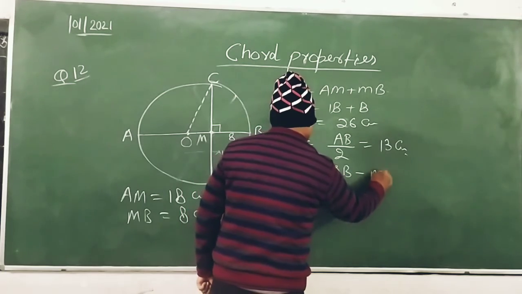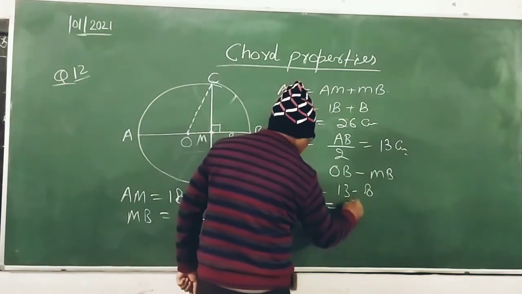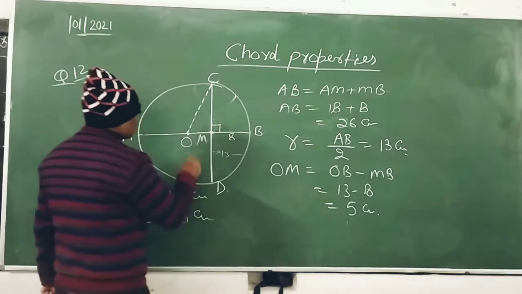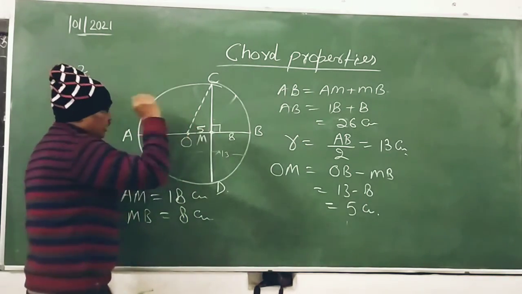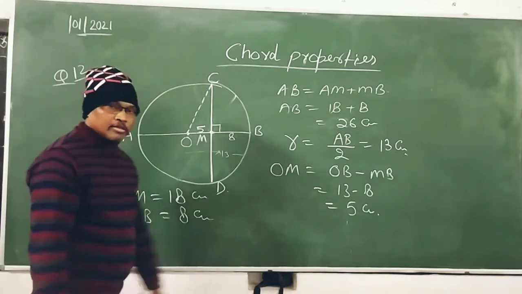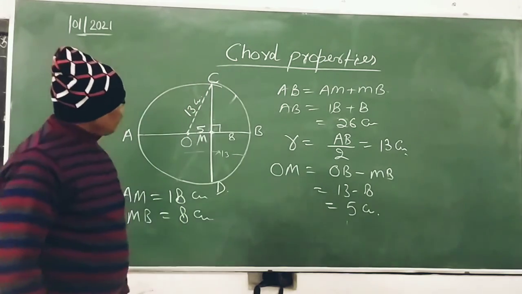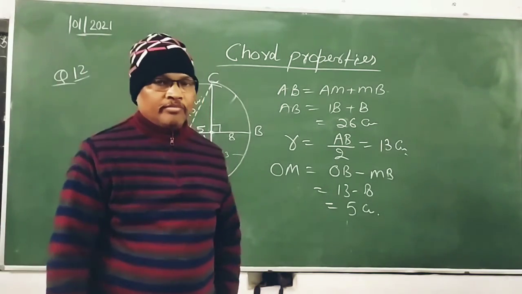OB minus MB is equal to 13 minus 8 means 5 centimeter. So this one is the 5 OM. What is OC? This is also the radius. So 13 centimeter.